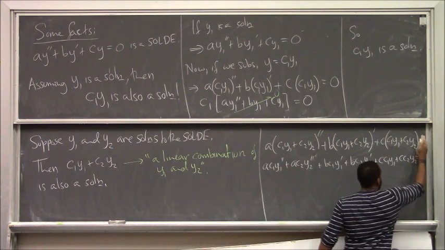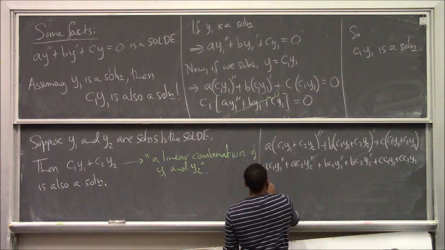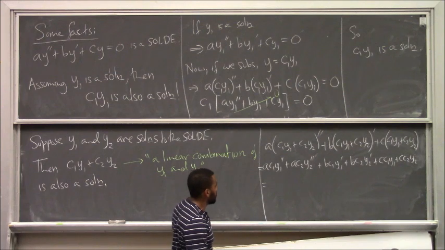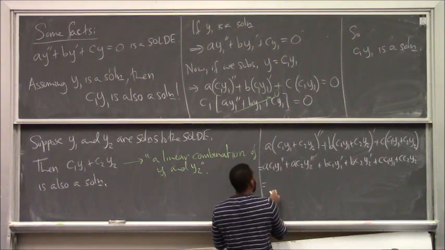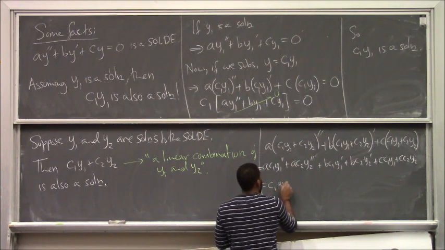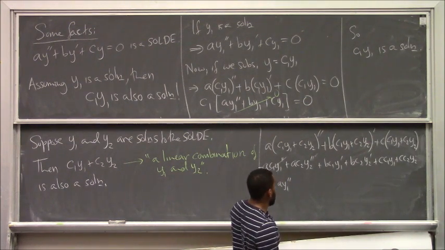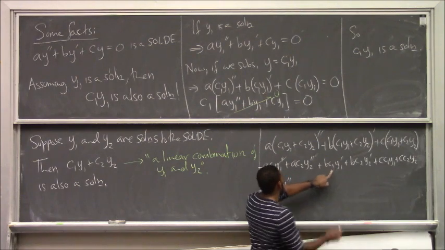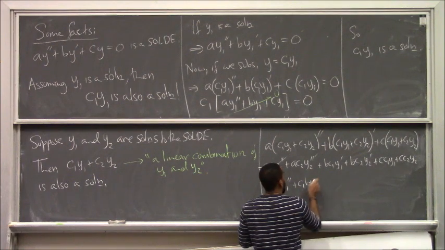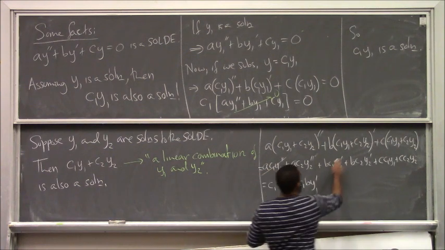I don't have to write this equal to 0 yet. You're going to see that it has to be 0. It's not a choice. So this is equal to this. Now I group all the guys that have the y2s and the y1s separately. So if I group all the y1s, I would have C1 times A y1 double prime, and here's another y1, plus C1 times B y1 prime. That's this.